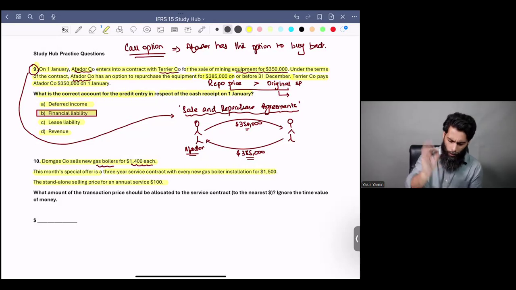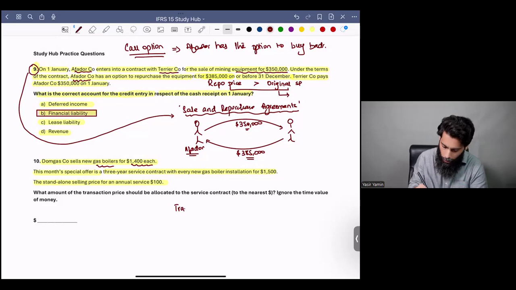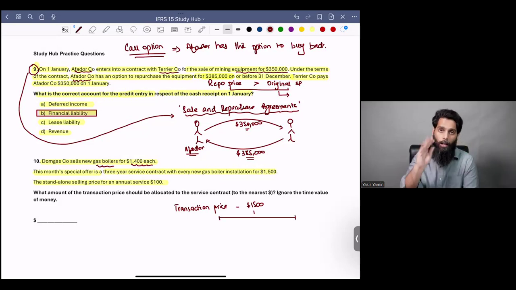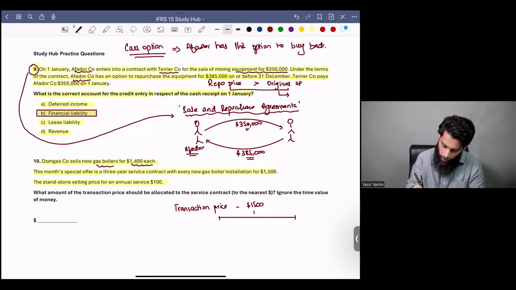Please listen to me. You have entered into a transaction and the transaction price was $1,500. And against this $1,500, you have promised your customer 2 things. First, you have promised gas boilers. And then you have promised 3 years maintenance.